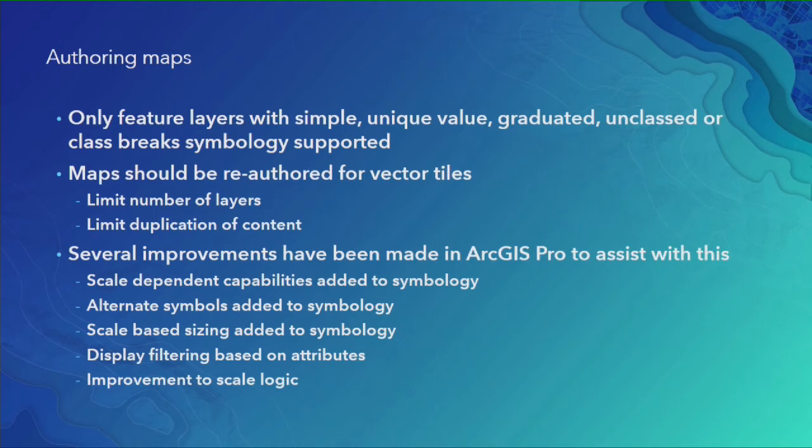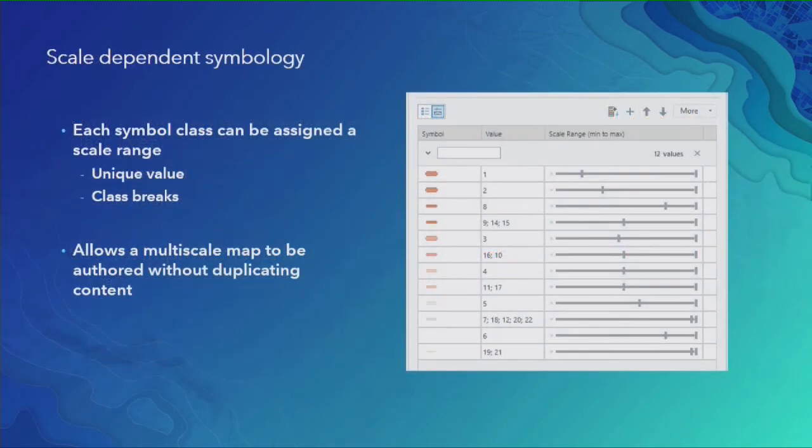We've added scale-based sizing, which is a nuanced thing for really fine-tuning your maps and having the size of symbols change across scales. We have another concept called display filters. That's when you want to filter out features on an attribute other than what you're symbolizing on. And we finally fixed a big old issue with scale logic that we had from the ArcMap days and brought over into ArcGIS Pro. I'll talk about each one of these.